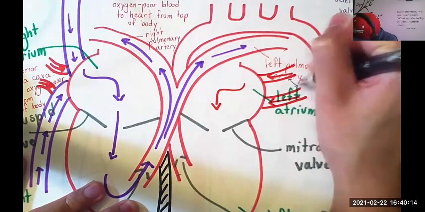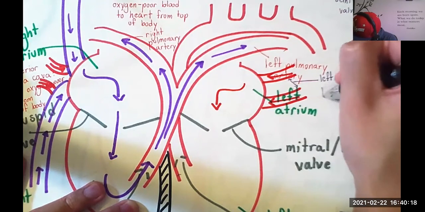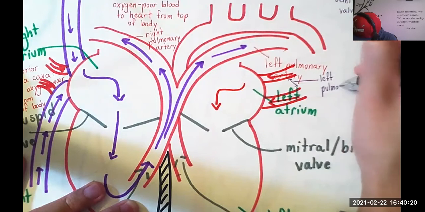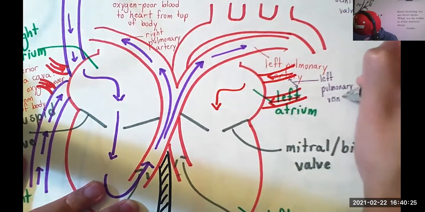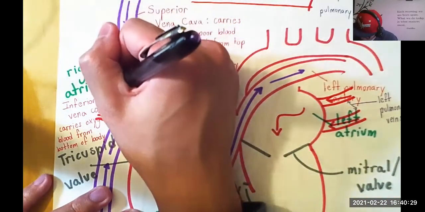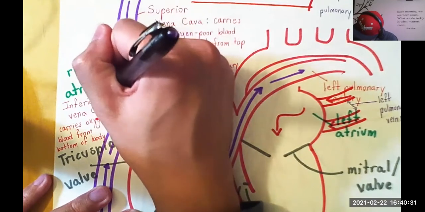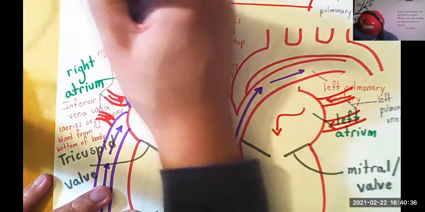This one, this one. And then over here will be your right pulmonary veins. This one and this one. Sorry, it's getting a bit messy.